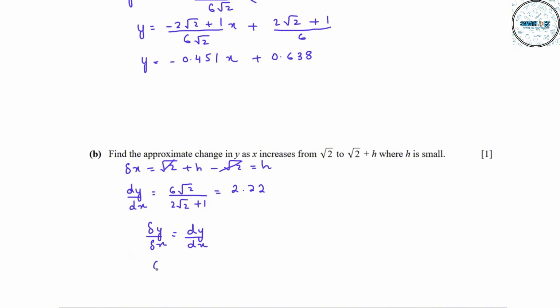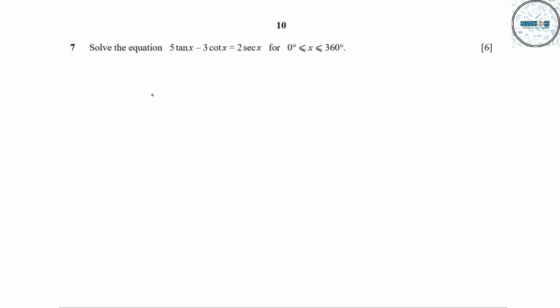We have the value of delta x, which is h, and dy upon dx, which is 2.22. So delta y is equal to 2.22h.